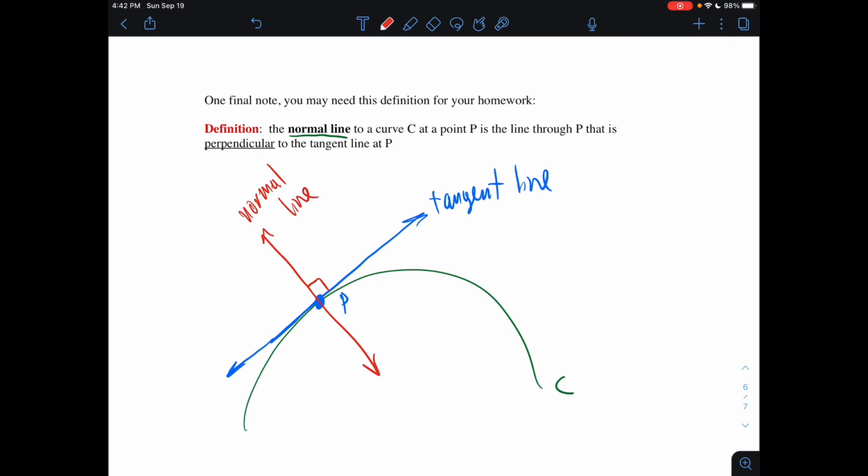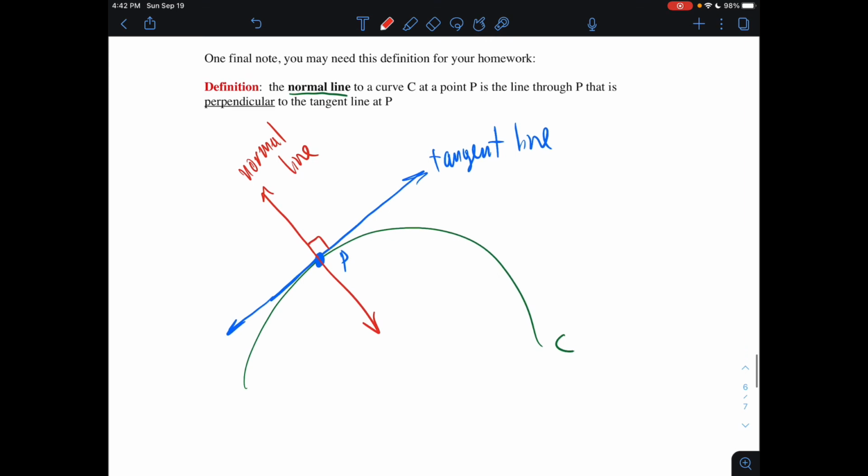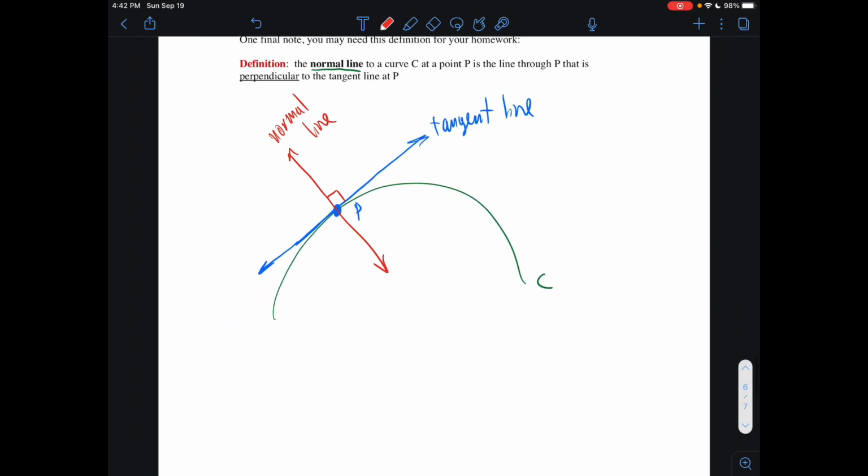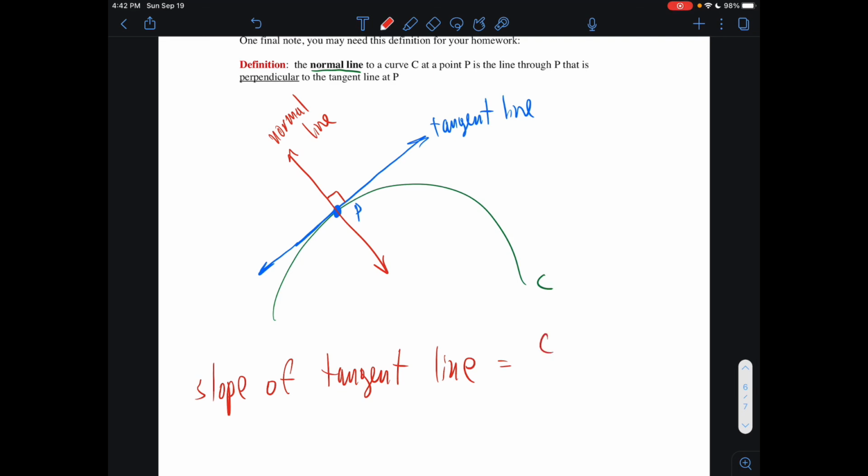So to find the equation of a normal line, you would go through what we just did in the previous example, find the slope for the tangent line, but then just remember that the slope of a line that is perpendicular to another depends on the original slope. So let's say that the slope of the tangent line is something like, let's not use C, let's say it's D divided by E. It's a fraction, it's a number.